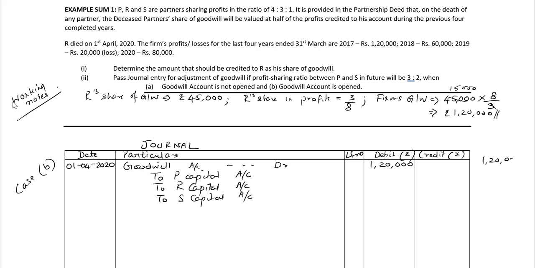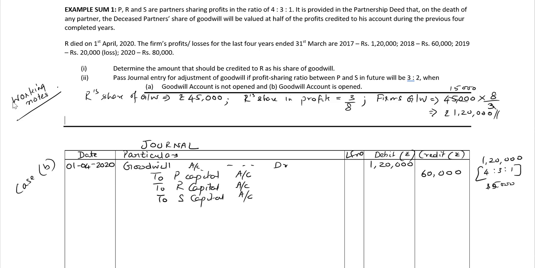1,20,000 to be divided in 4:3:1. Against P's capital account, we have 60,000.